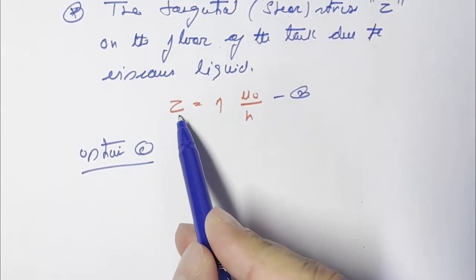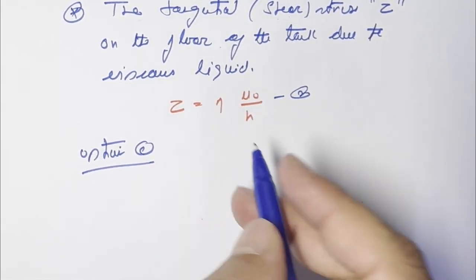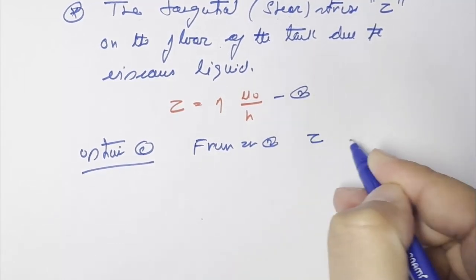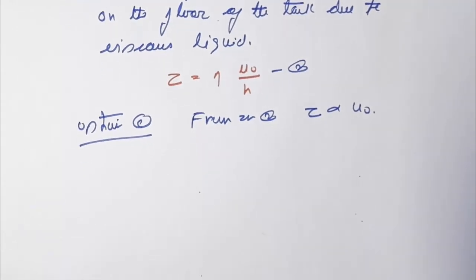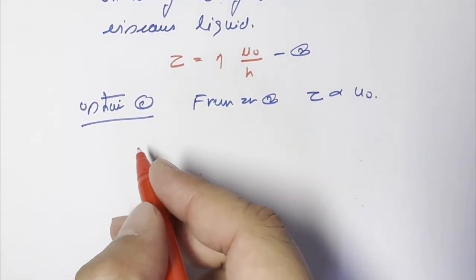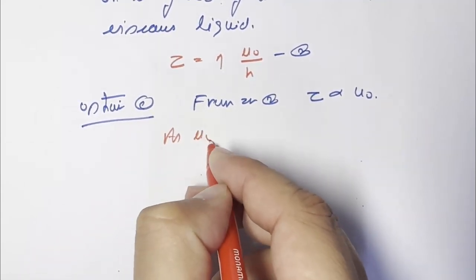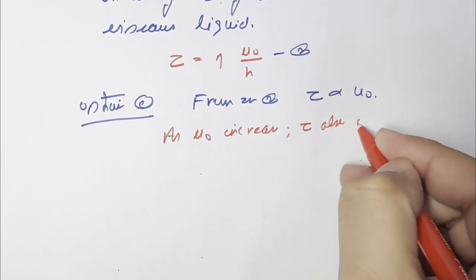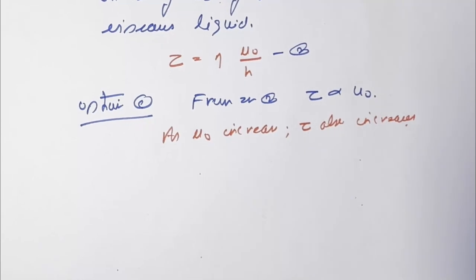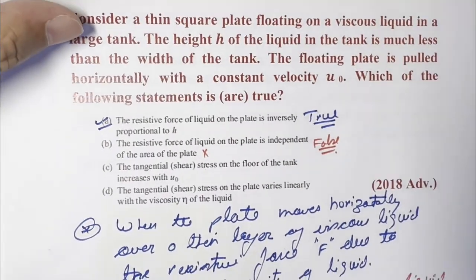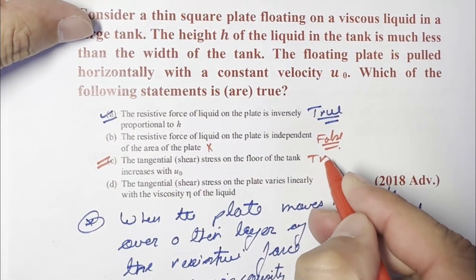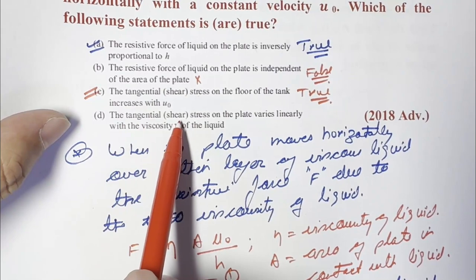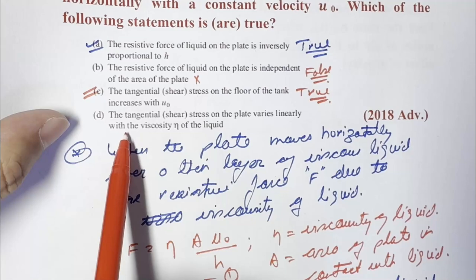From equation 2, tau is directly proportional to u0, which basically means that as u0 increases, tau also increases, as said in the option itself. So C is true.